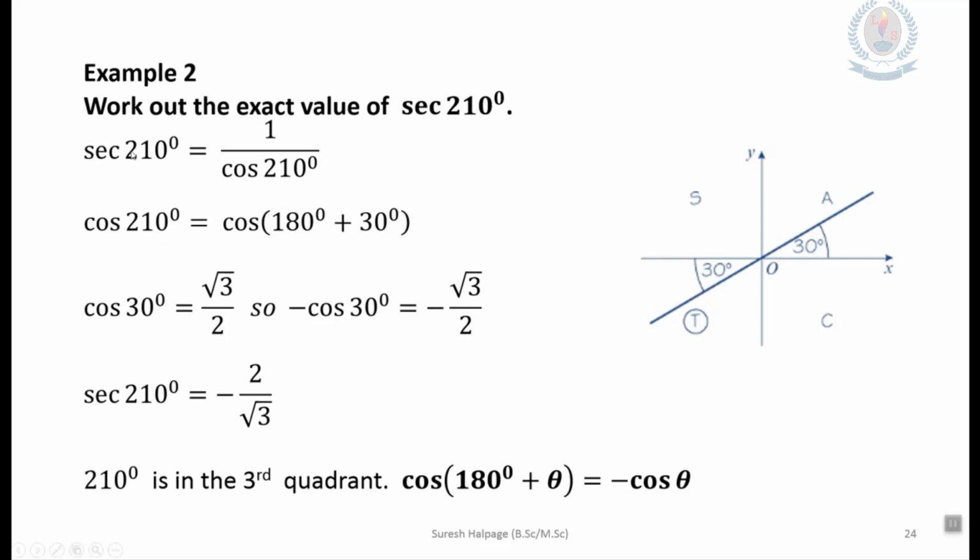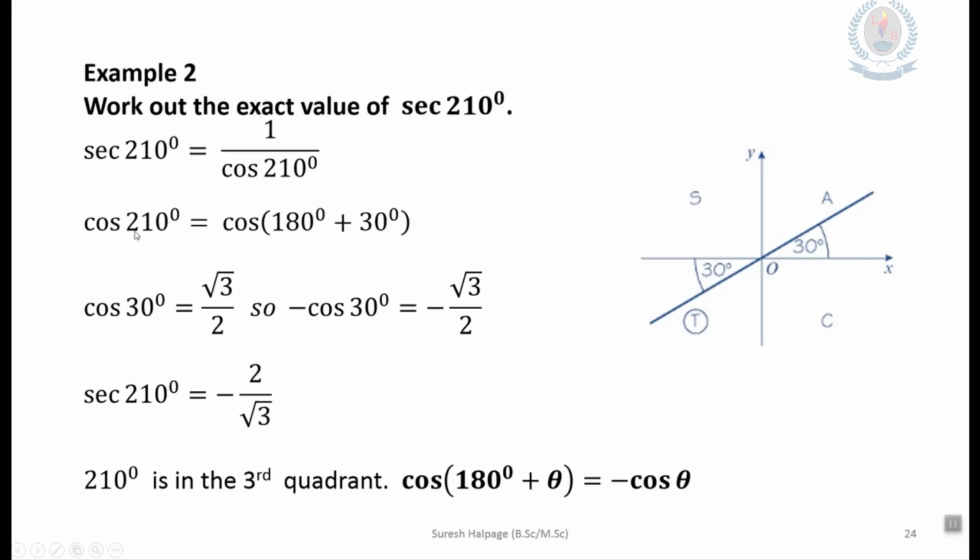Example number 2. Work out the exact value of sec 210. Sec theta is 1 over cos theta. You have to find this without using a calculator, so you can use this diagram.